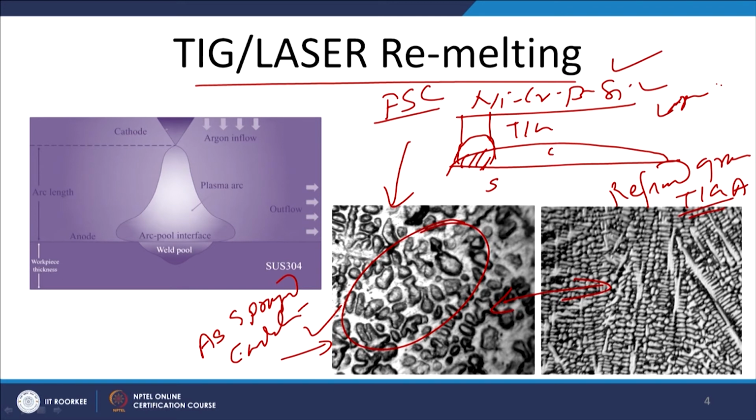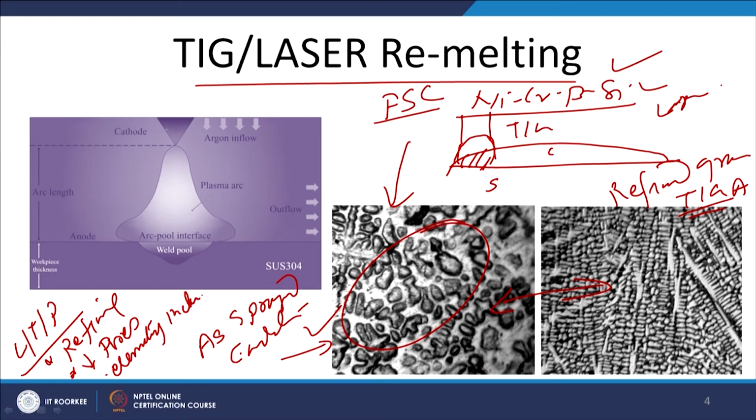So, we can say here that whether it is the laser, the TIG or the plasma arc, all these remelting processes for flame spray coatings will refine the grain structure, reduce the pores, and eliminate the inclusions if they are there.